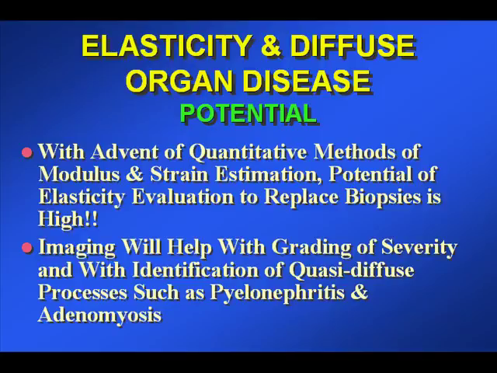Also, imaging can help with grading of severity and also identifying areas that are more involved than others. Many diffuse diseases do not involve an organ uniformly, but involve it asymmetrically or in patches, and this can be useful information in helping to determine what therapy is appropriate for a patient.